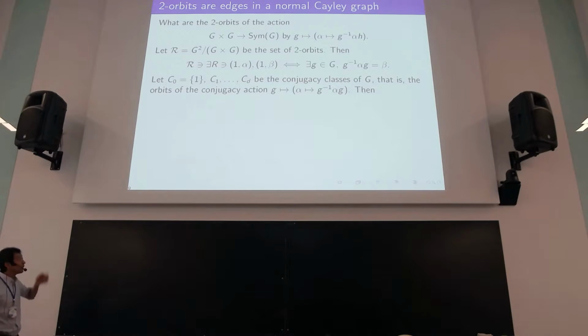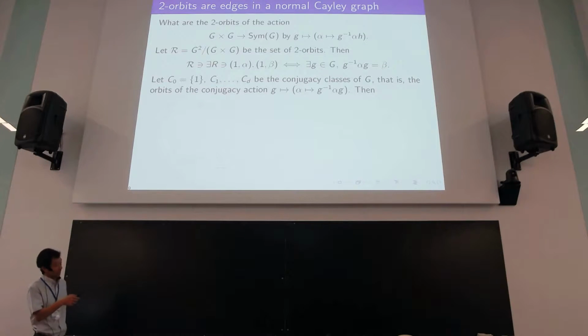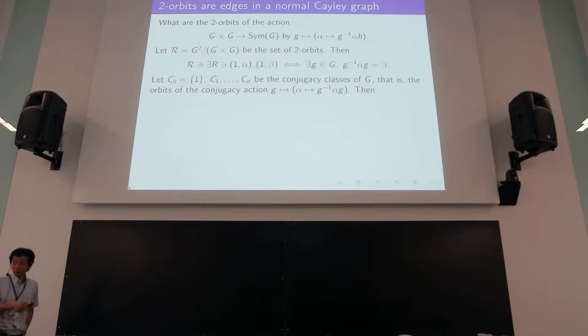So this relation is called the conjugacy, and it is an equivalence relation. I mean, if you define alpha, beta to be conjugate if this condition is satisfied, this decomposes G into equivalence classes, called conjugacy classes.